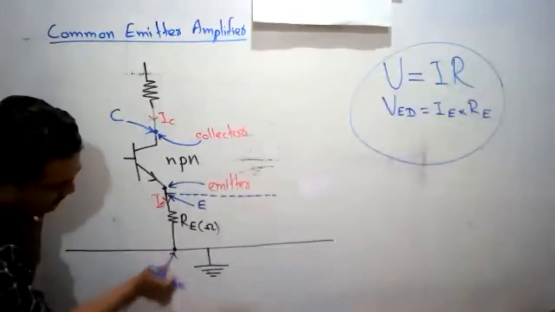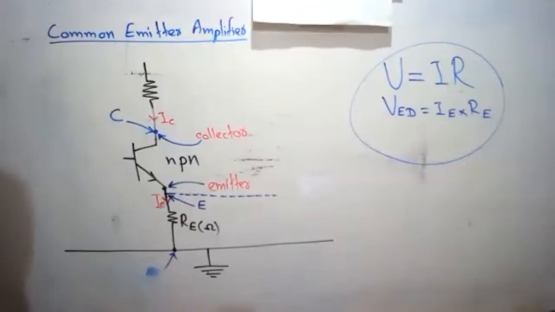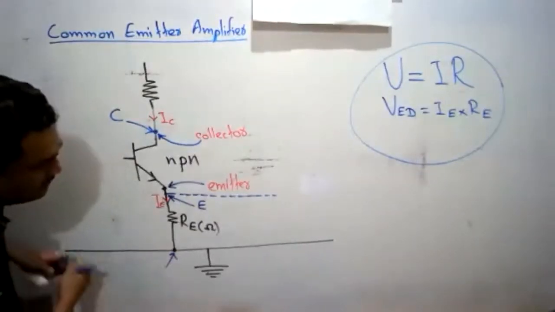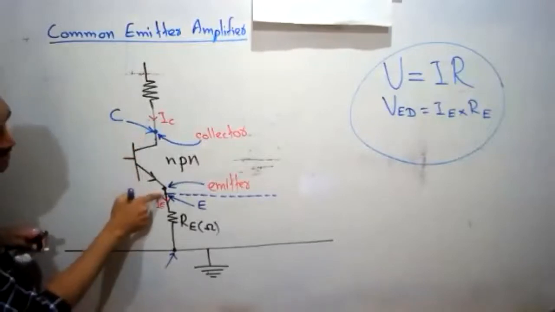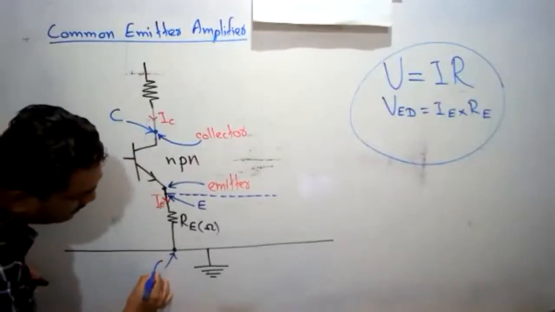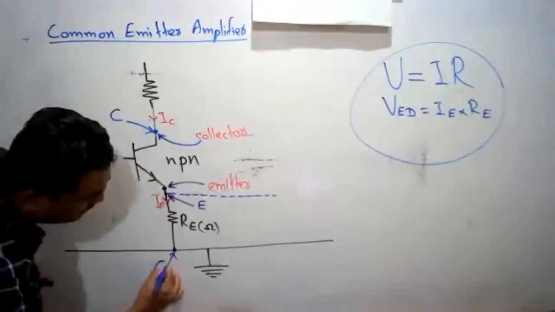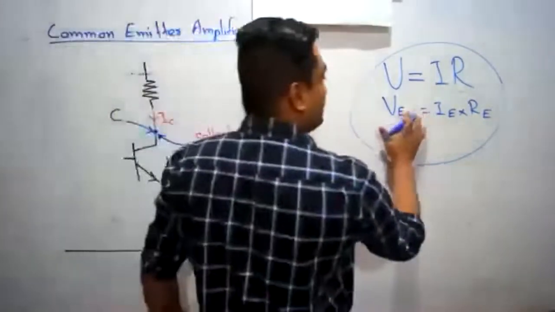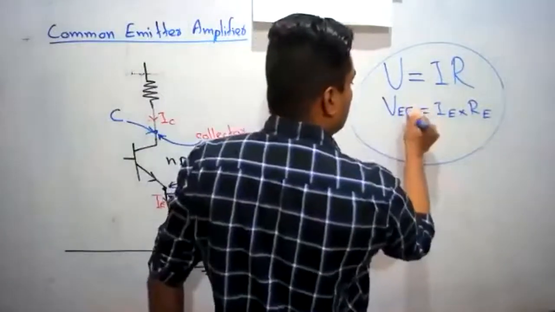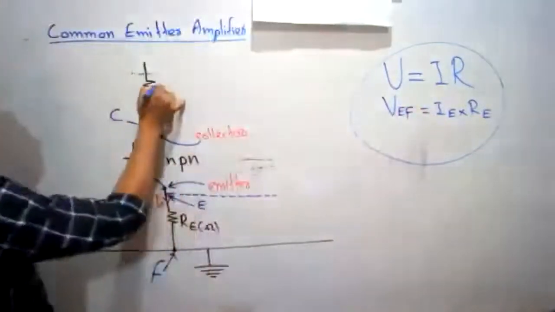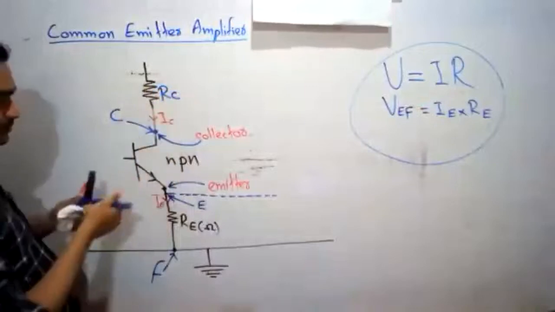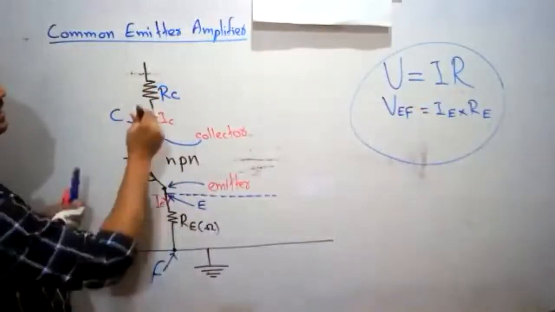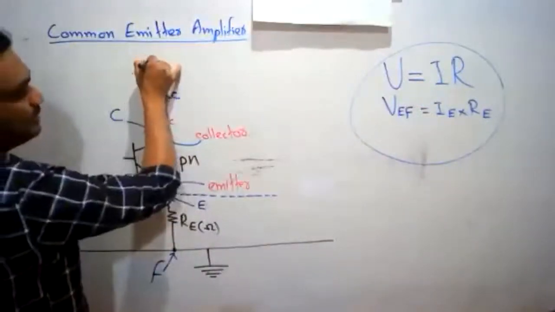Right. This is the RC resistor. IC current should be provided by a battery.